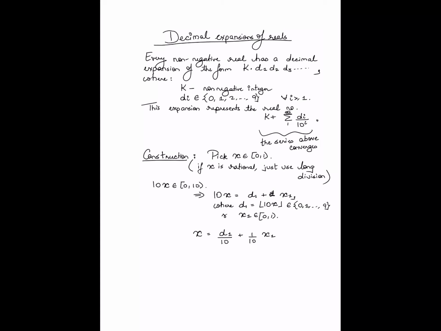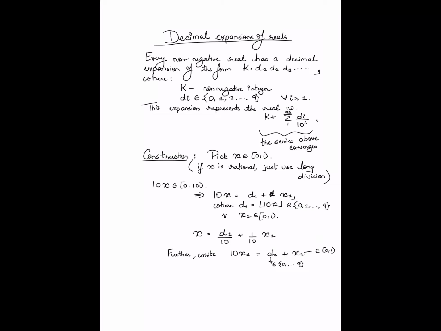So from now on, it's just rinse and repeat. What you did with x, you now do with x1. So now further write 10x1 as d2 plus x2, where again this d2 lies in 0, 1 up to 9, and this x2 belongs to again [0, 1).